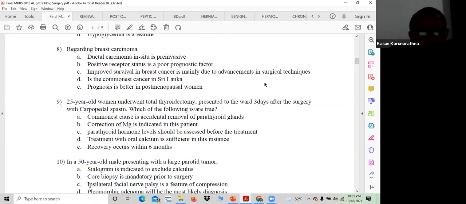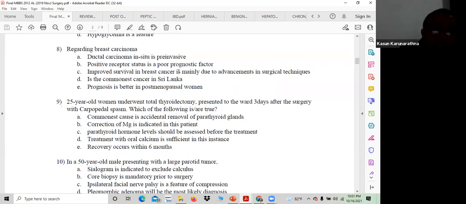You target the growth factor receptors ER, PR and HER2, and that has a clear advantage over previous treatment regimes, and it has led to improved survival.